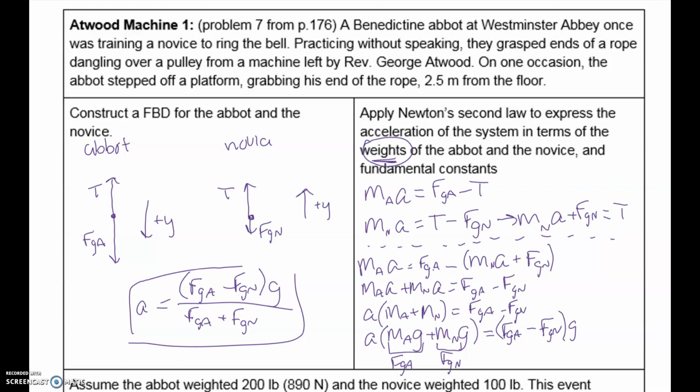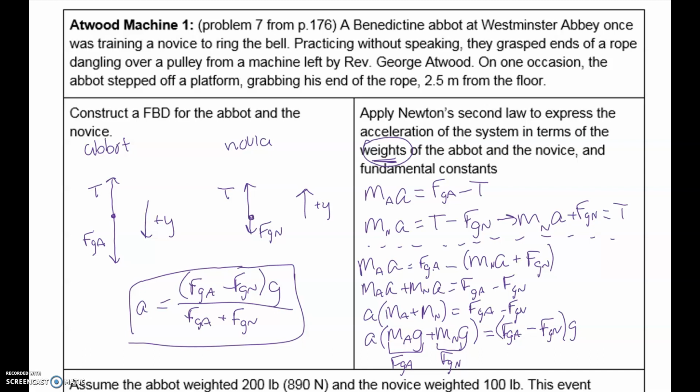All right, so this was a very AP step here in solving this problem, because it prompted you to solve and have your final answer in a certain way. Right, so first it says apply Newton's second law, so that's what we did with summing the forces and writing it in terms of mass times acceleration. But we couldn't just leave it at that, because the prompt here specified that we have to write it in terms of weight and any fundamental constants.